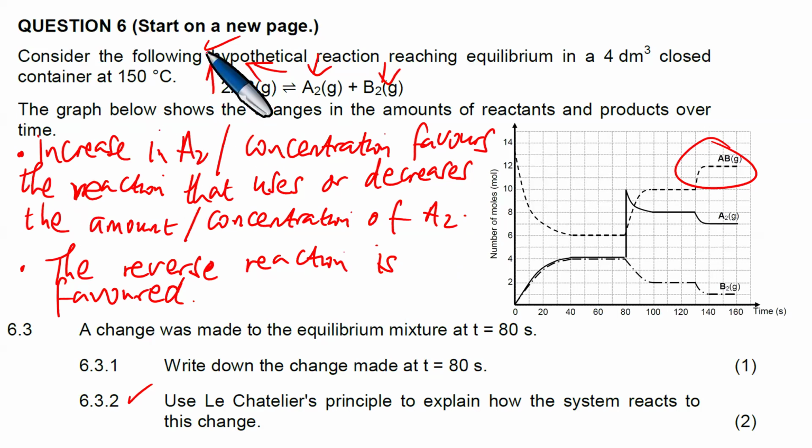So an increase in the number of moles of AB meant that the reverse was favored. We increase the A2 and it favors the reverse, because the reverse uses the A2 up and decreases it. Let's look at the next question quickly.